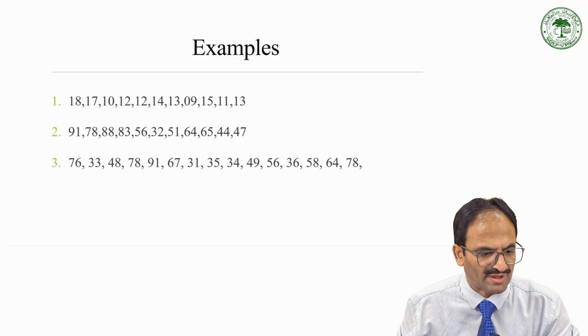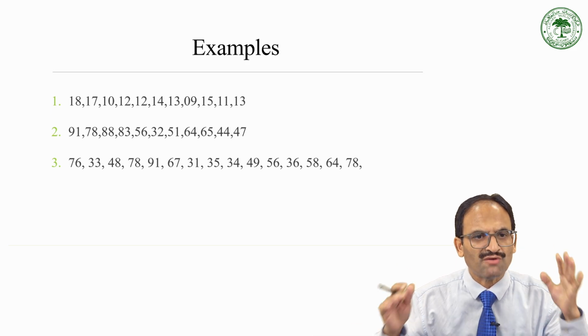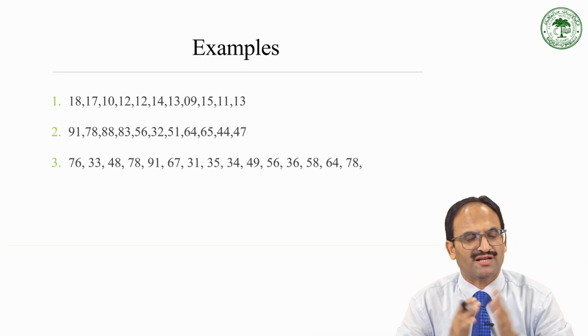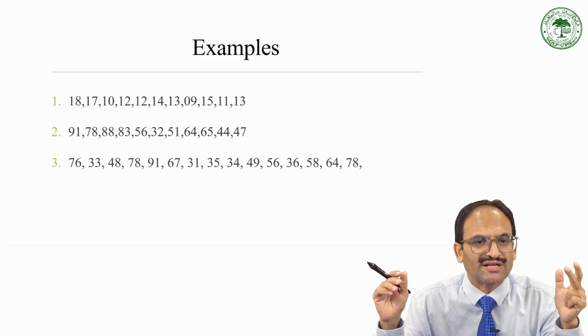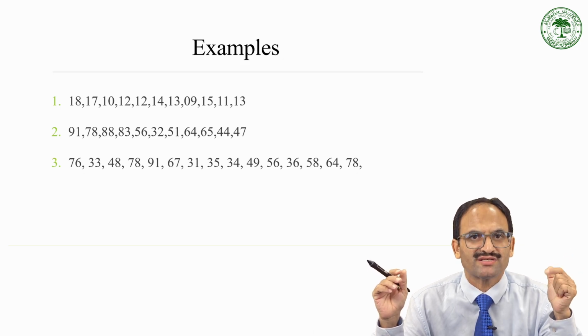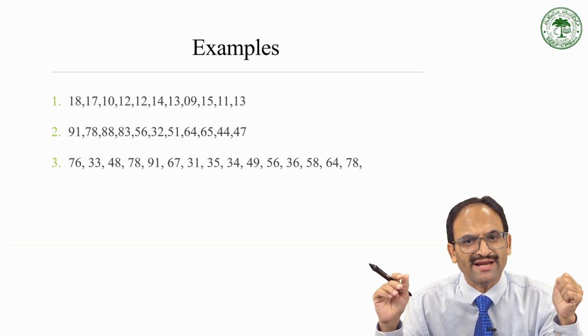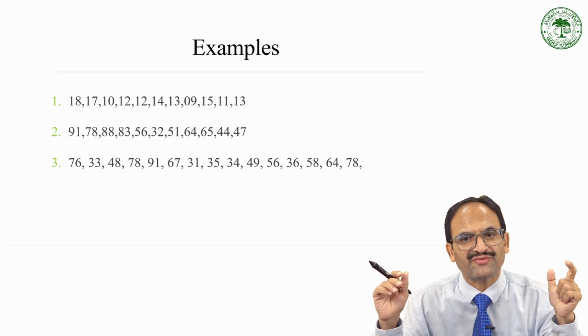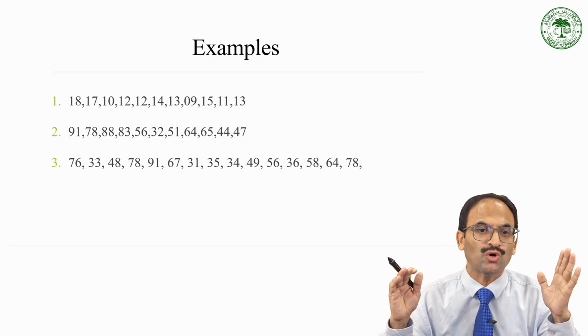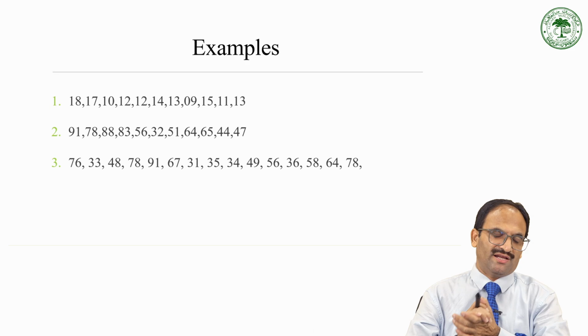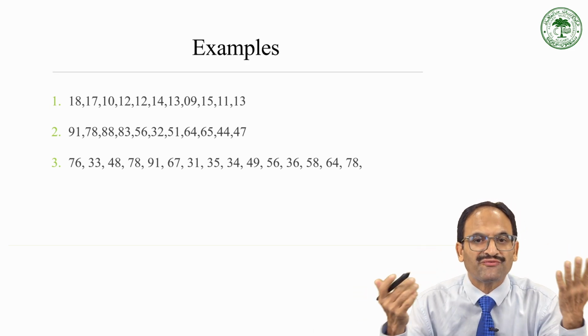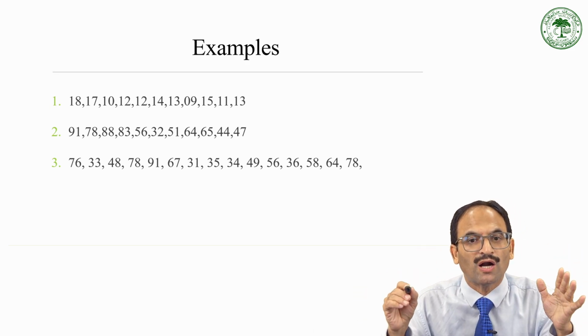First find out how many numbers are there. So 76, 33, 48, 78, 91, 67, 31, 35, 34, 49, 56, 36, 58, 64 and 78. So 15 numbers are there. And again, 15 is an odd number.